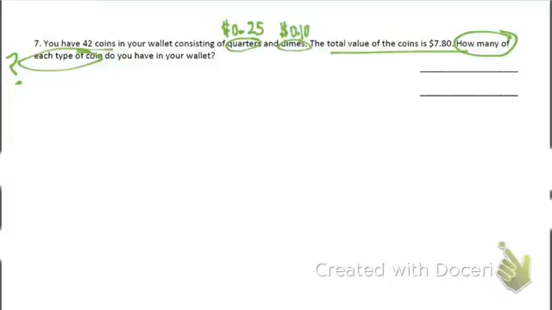So the number of quarters plus the number of dimes should add up to how many coins? 42. So that's your first equation right there, guys. Q is the number of quarters plus D, the number of dimes, should equal 42 coins. Okay, there's your first equation.